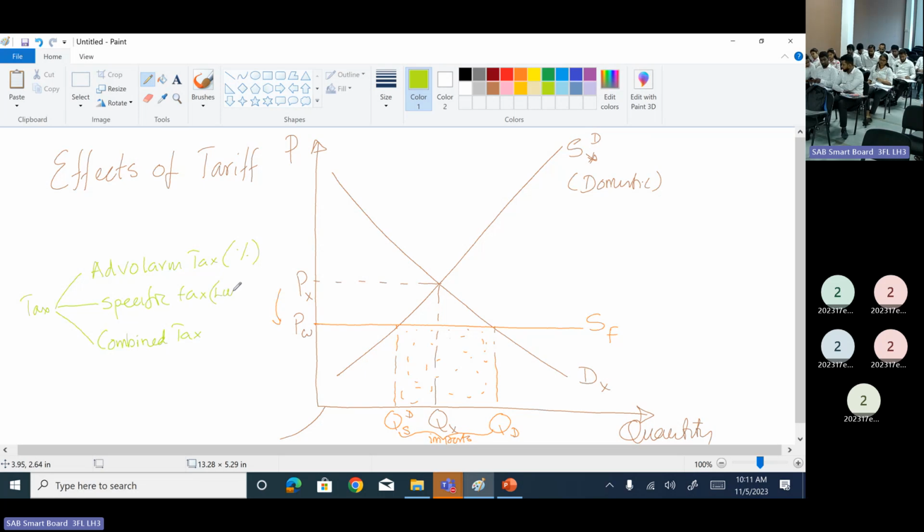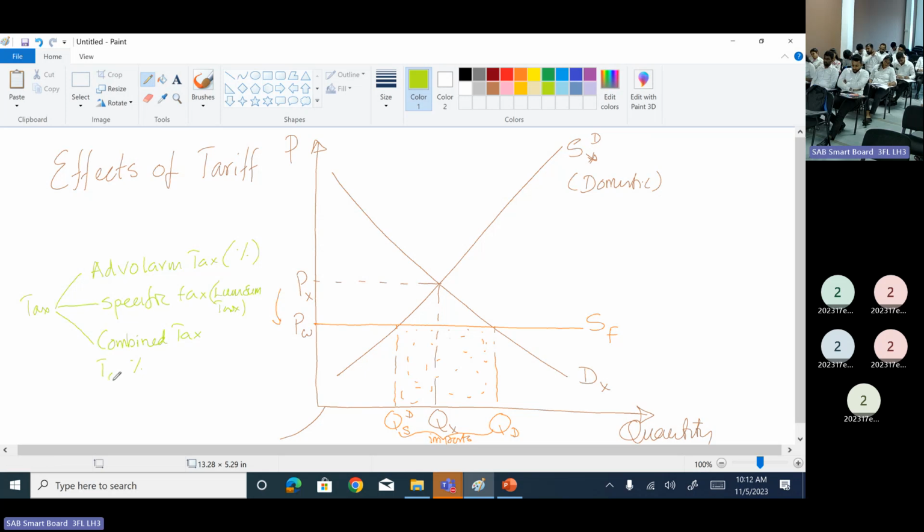For example, the government imposes a fixed amount of tax, like 100,000, on the import consignment.